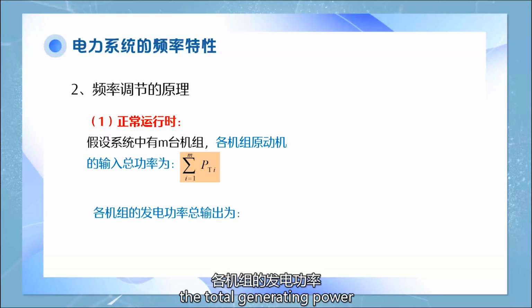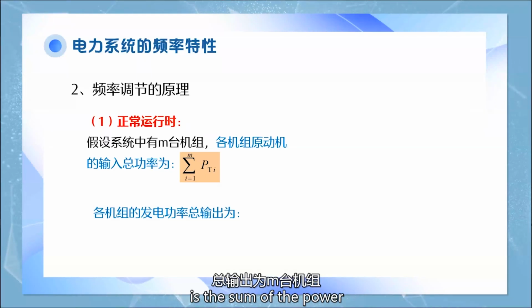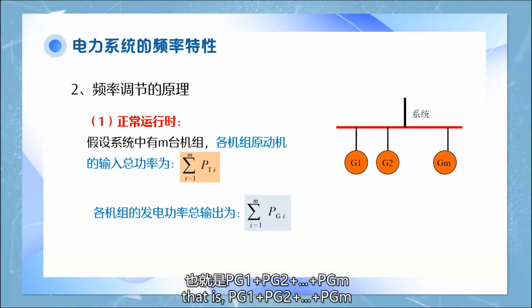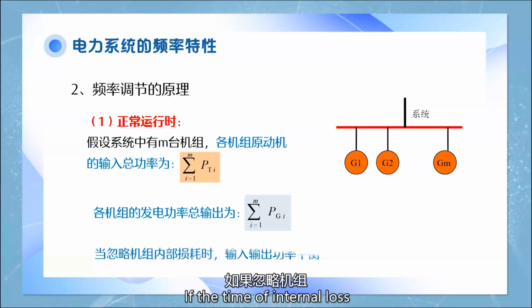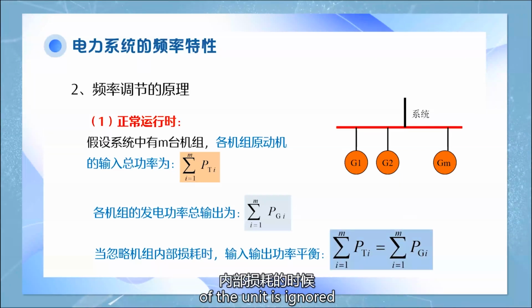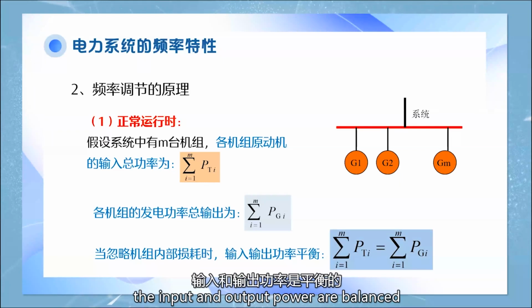The total generating power output of each unit is the sum of the power emitted by M units, that is, Pg1 plus Pg2 plus Pgm. If the internal loss of the unit is ignored, the input and output power are balanced.